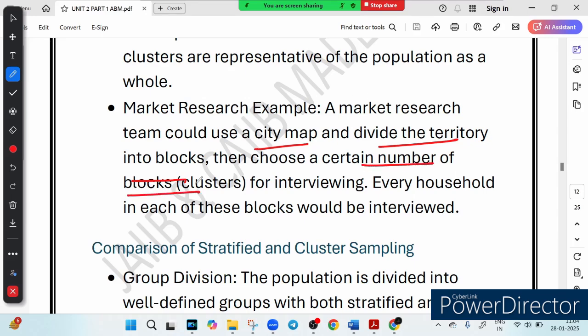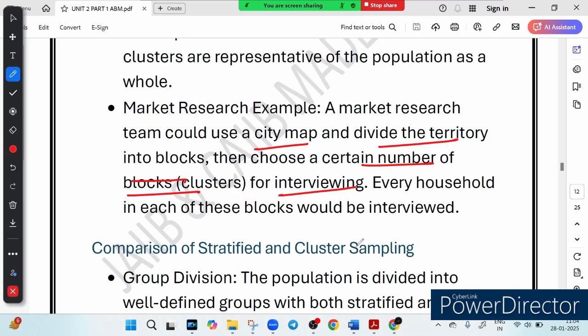Then they interview every single household in those selected blocks. It is like zooming in on a few areas and getting a full picture of them.